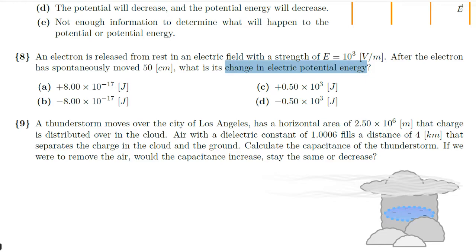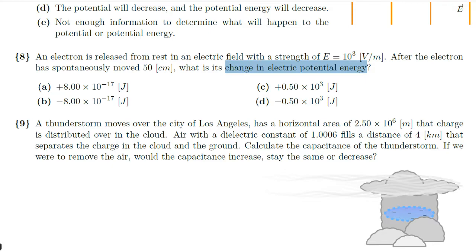We know that the word spontaneous is synonymous with the idea that it will lose potential energy in doing so. And since I am asking you for the change in potential energy, it is negative. It's a loss in potential energy. So the positive answers can't be possible. It's really at this point up to you to just calculate the answer.